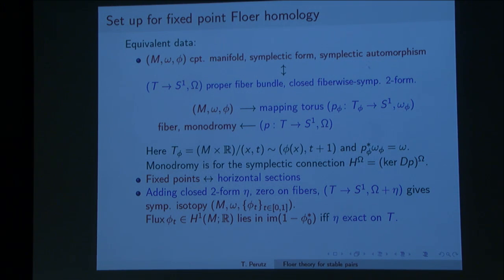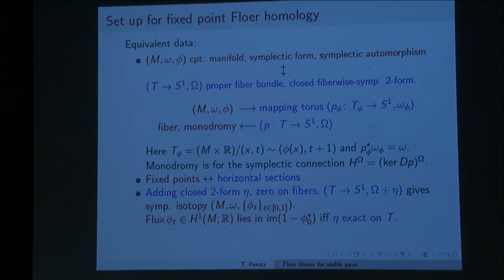Under this equivalence, fixed points of phi are the same thing as horizontal sections of the corresponding bundle. More subtly, the following is true. If you start with this bundle over the circle with this given two-form, you can perturb the two-form by adding to it another two-form eta that's closed, and I'll take it to be 0 on the fibers.